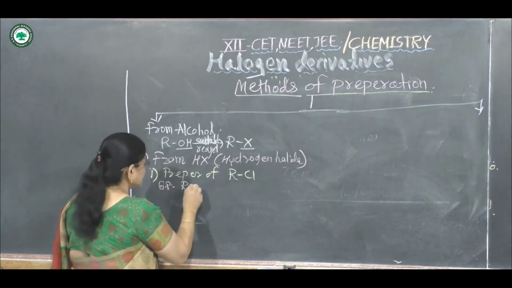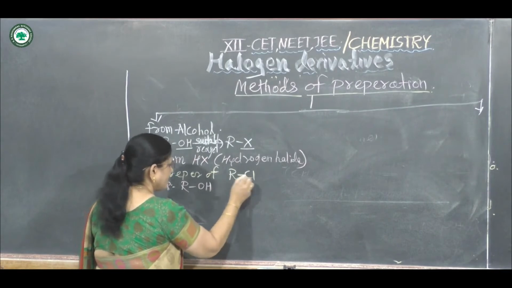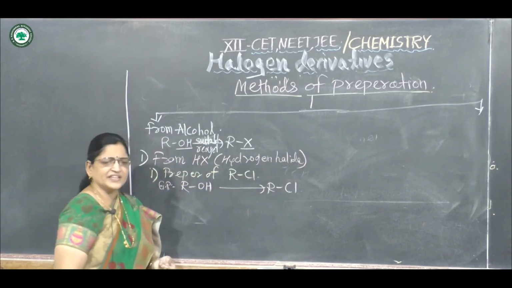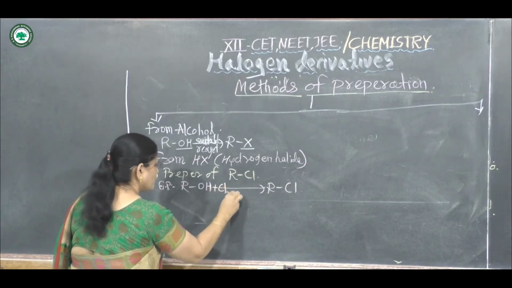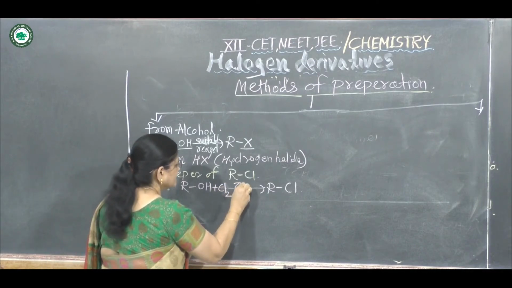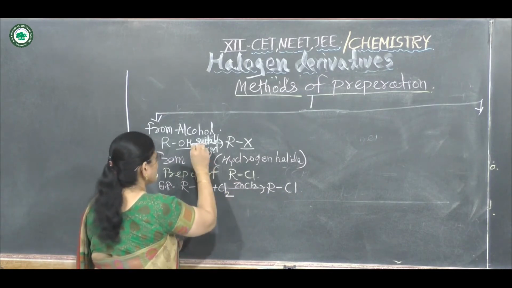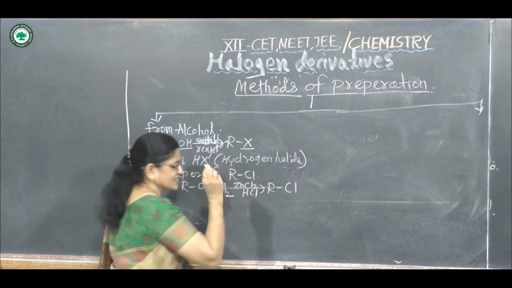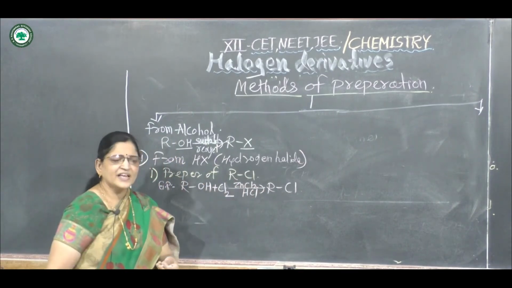The general reaction is ROH. If we have to prepare RCl, then we react with chlorine, in the presence of anhydrous zinc chloride and HCl.